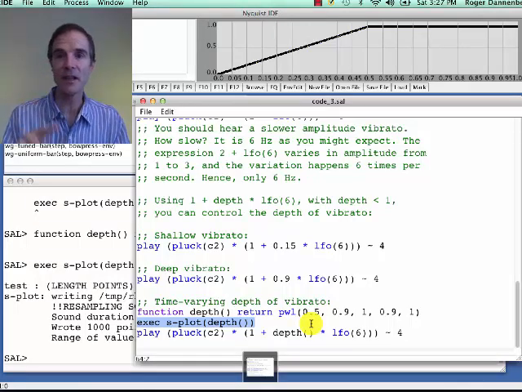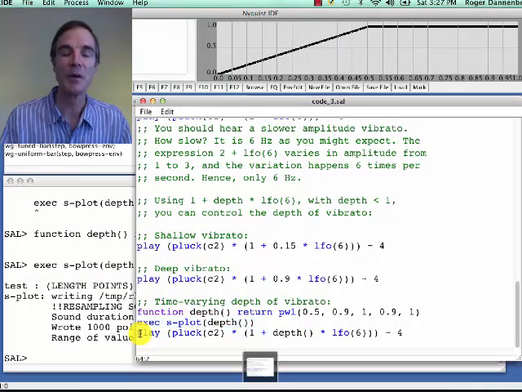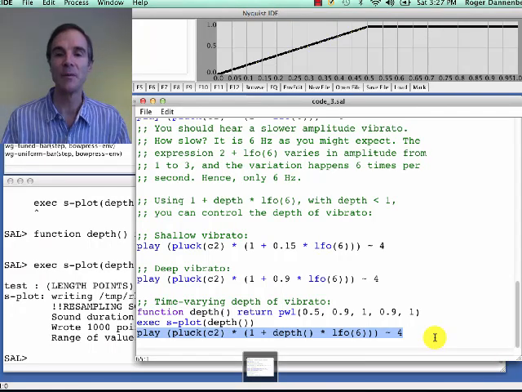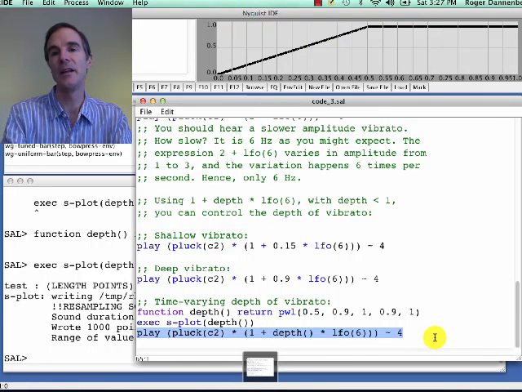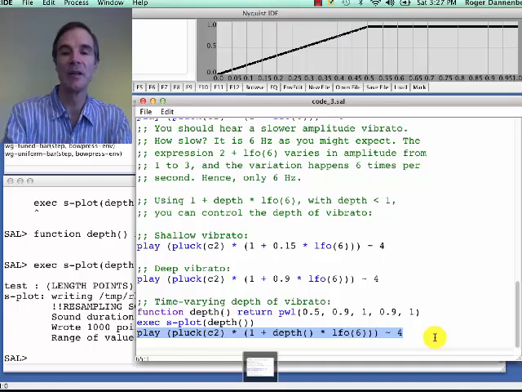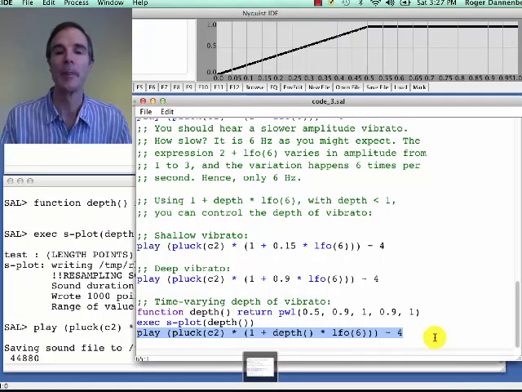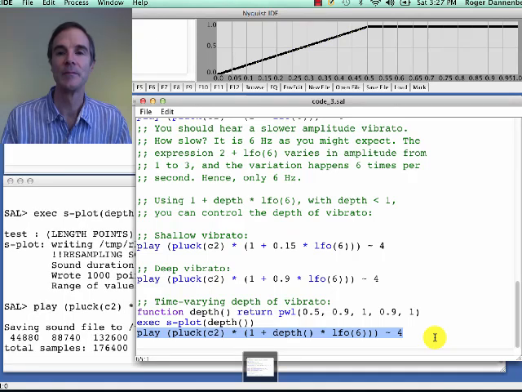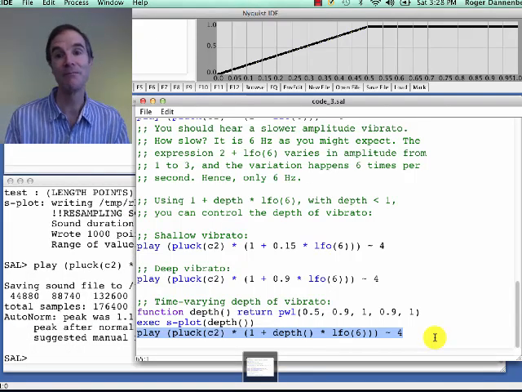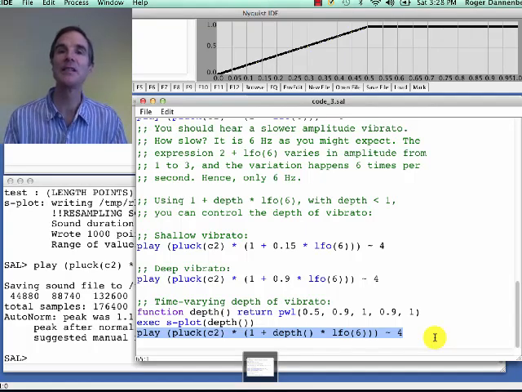So we're going to take this envelope and we're going to multiply it by the LFO so that the LFO starts out very shallow and increases in intensity. Okay, maybe that's more musically pleasing.